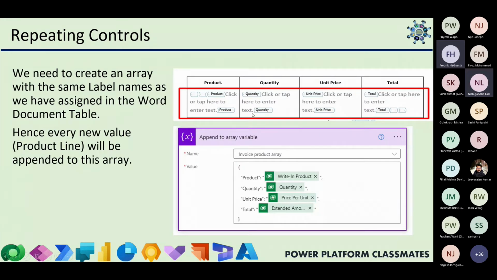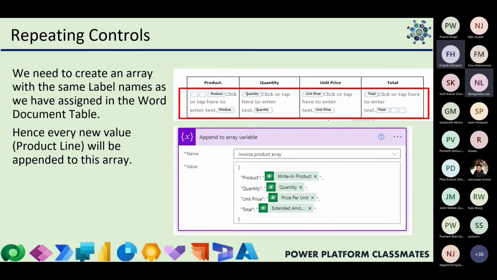As you can see, I have created a table in the Word template, and each column has been assigned a label, and that label name is similar to what we have in our connector.